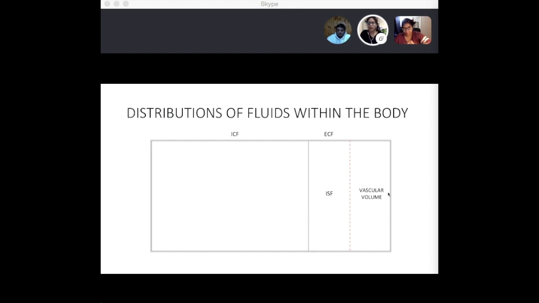To further that, as I mentioned on the last slide, the vascular volume or the plasma volume is kind of the same idea there. But what I wanted to bring up in addition is this barrier. So the barrier between the intracellular fluid and the extracellular fluid is going to be our cell membrane.